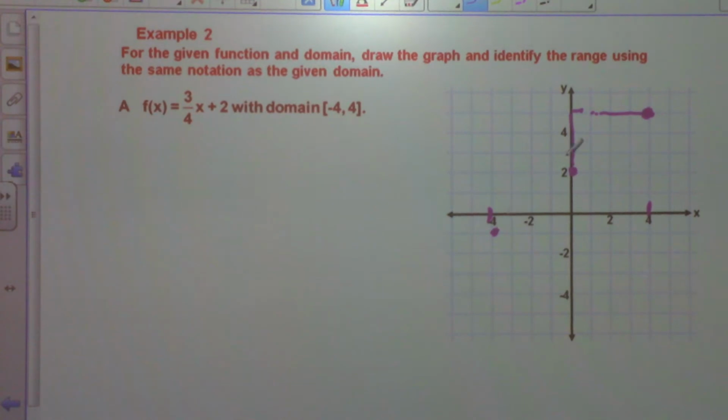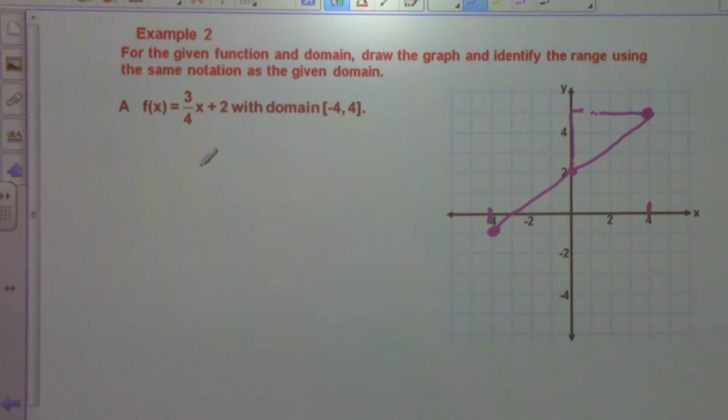Okay. So anyway, we have this right here, and we've marked it. Now, are these endpoints included here? Yeah, they are, right? So the graph is going to be like this. And so that's the graph of the function with the limited domain.